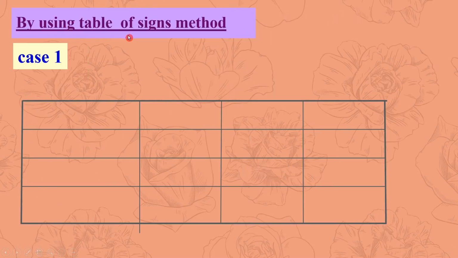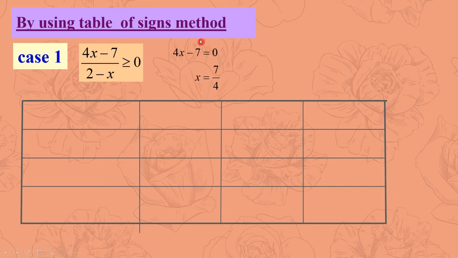Okay, let's say I'm using the table sign method. So the case just now given to us, 4x minus 7 over 2 minus x. First we have to find the x values by equating 4x minus 7 equals 0. Therefore we get x equal to 7 over 4 and x equals 2.